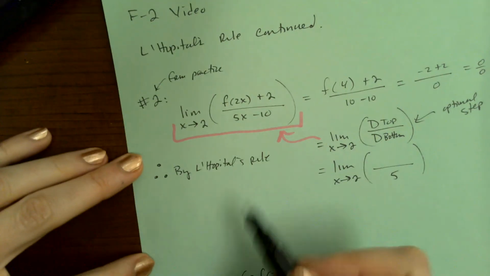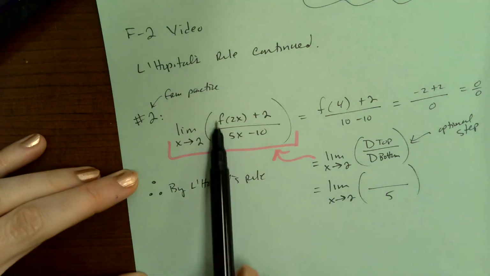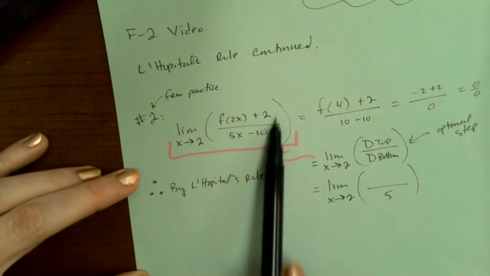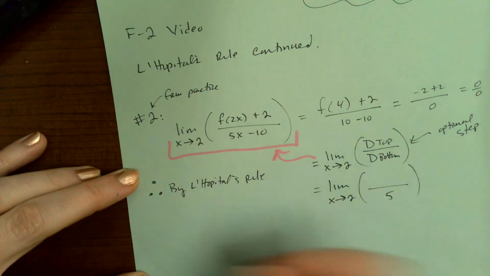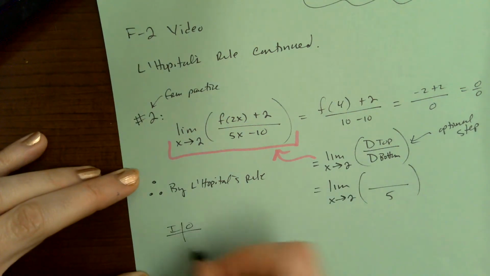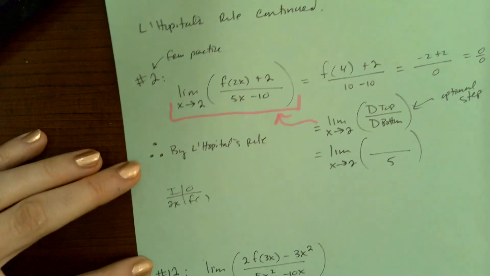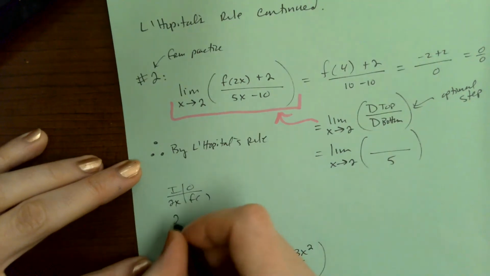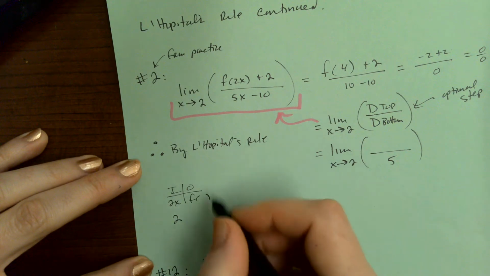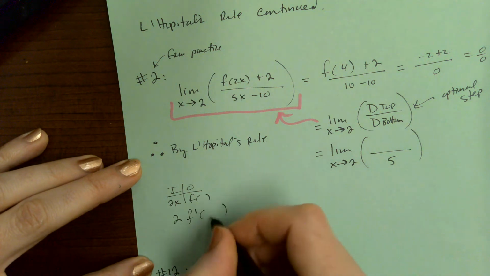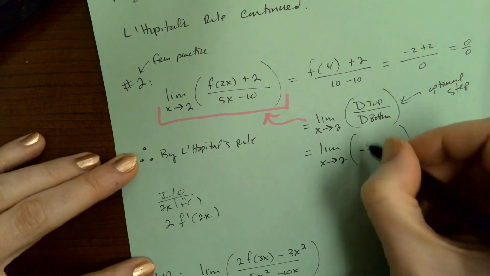Derivative of the top. For this one, I need chain rule. For this term, the derivative is just going to be 0. So this is just like a little aside. All right, 2x is the inside, f of blank is the outside. Derivative of 2x is 2. The derivative of f of blank is f prime of blank, and then 2x goes back in.